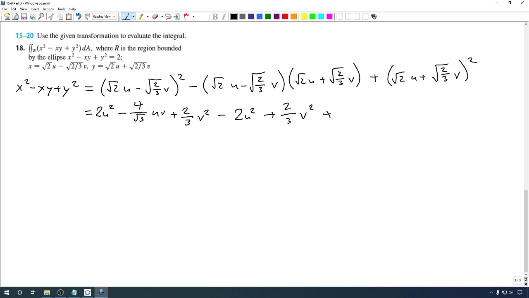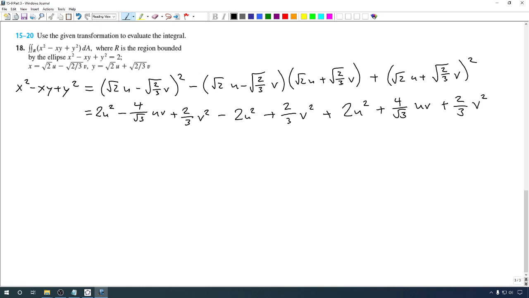This one we do exactly the same as we did here. In fact, we're going to get the same result, except instead of the minus sign here, we have a plus sign. So we can have a plus 2u squared plus 4 over root 3 uv plus 2/3 v squared.